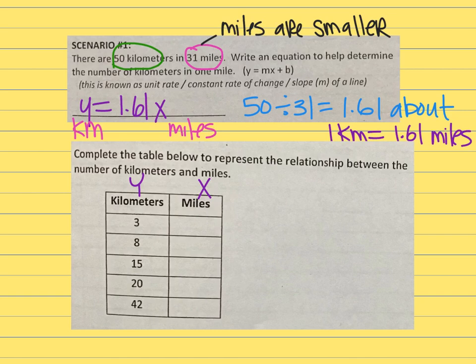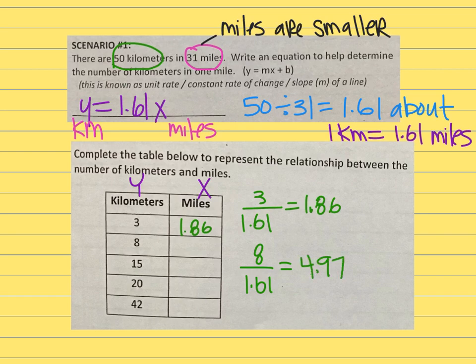So if I come down here and I set up these division problems, 3 divided by 1.61. Again, this is not a perfect number, so I'm going to round it to the hundredths place. It's 1.86 approximately. And if I do the next one, 8 divided by 1.61, it is approximately 4.97.